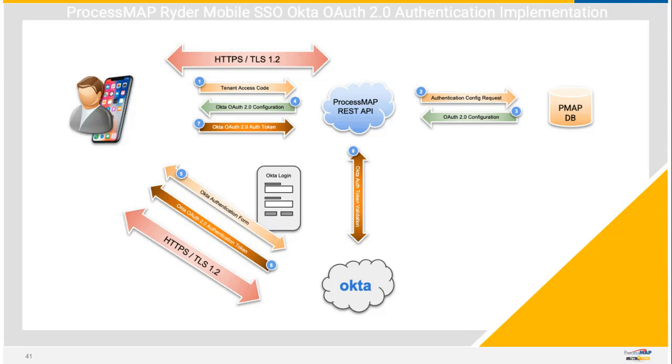So if you haven't done so already, please feel free to go into your mobile devices, delete our old app, and download the new one so you can benefit from the multi-factor authentication.